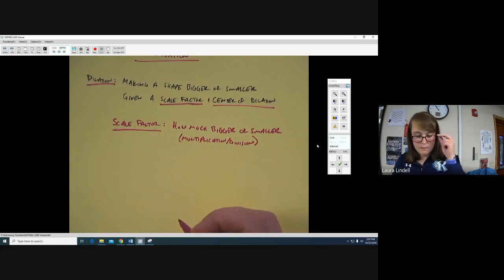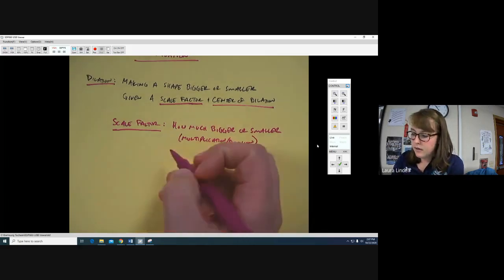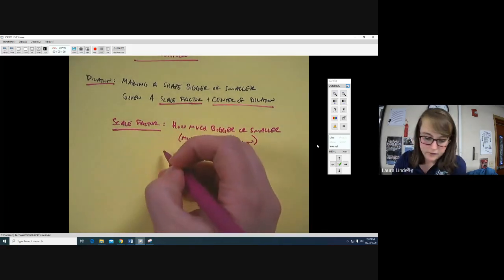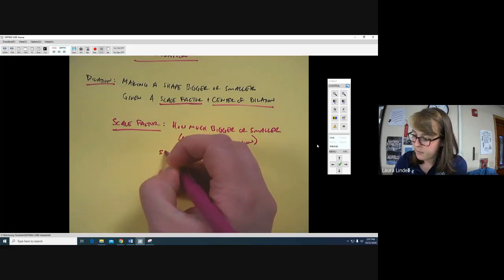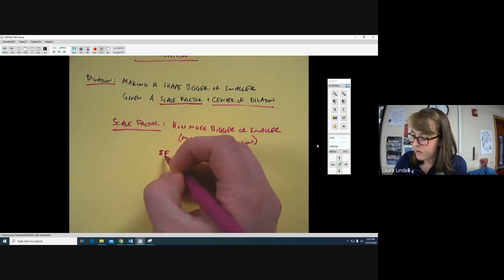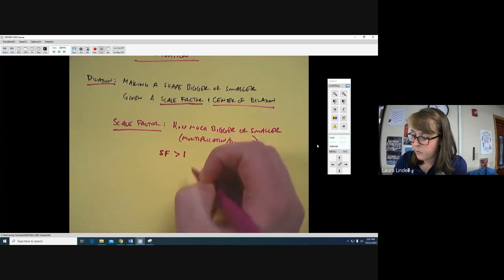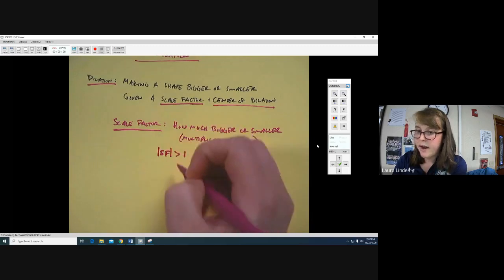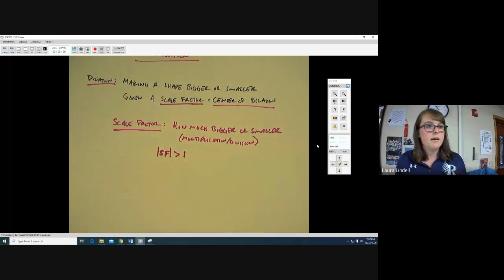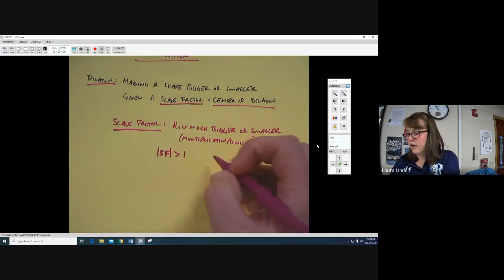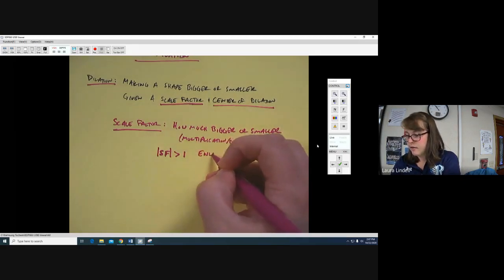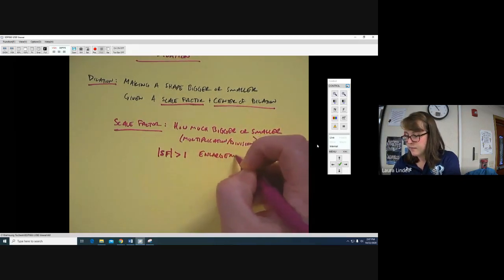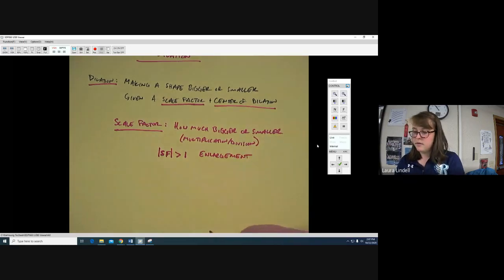Okay, so a couple of general rules here. If your scale factor, I'm going to call it SF, is bigger than 1, or we'll say the absolute value of your scale factor, because you could have a negative scale factor, but that's also going to be considered an enlargement. So if the absolute value of your scale factor is bigger than 1, that's an enlargement.